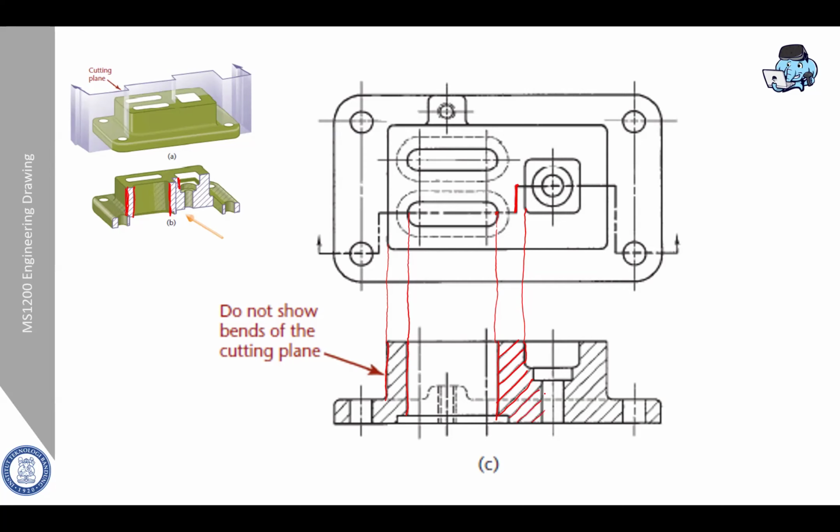Okay, and then this line actually corresponds with this line, and this line corresponds with this line, and so on. So it only shows you the edges or the intersection between surfaces. Okay. Line. Okay, and this one corresponds with this one, and so on.